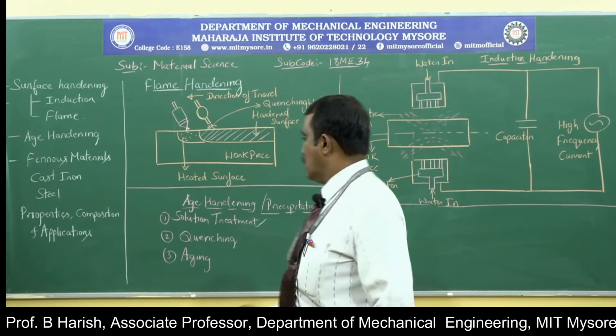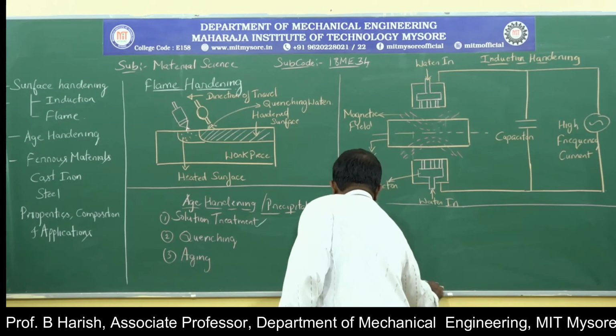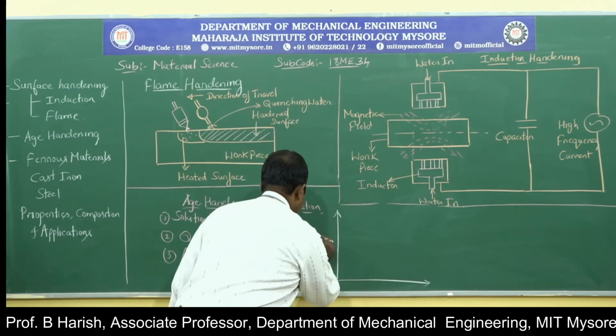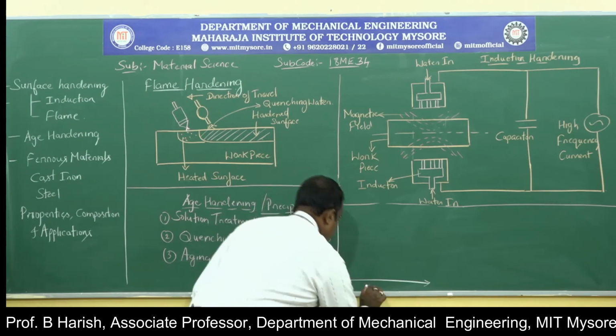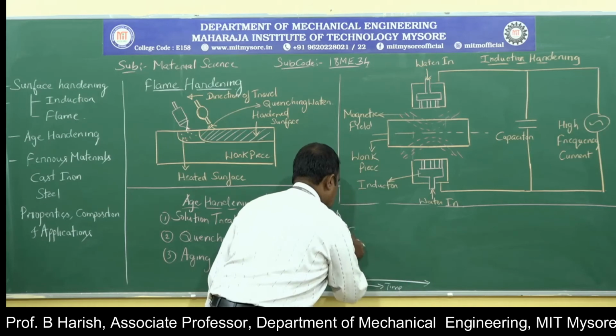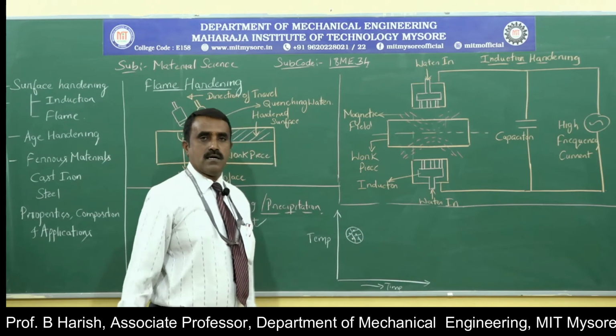Solution treatment. If you plot a graph, this is temperature, this is time. Initially it will be heated to a certain temperature. You will have a structure where small granule-like patches are seen.